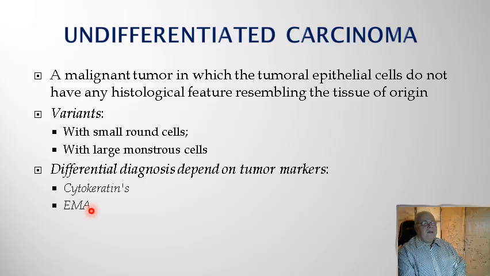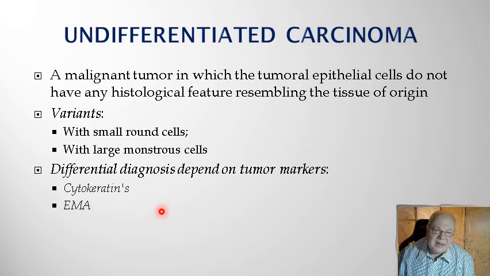It is important to make the difference between undifferentiated carcinoma and undifferentiated sarcoma for the only reason that for carcinomas we have a different treatment. So it is very important because the treatment is really different. Sarcomas do not react very well to radiotherapy, but carcinomas react extremely well to radiotherapy. So radiotherapy should be put in first place in the treatment.